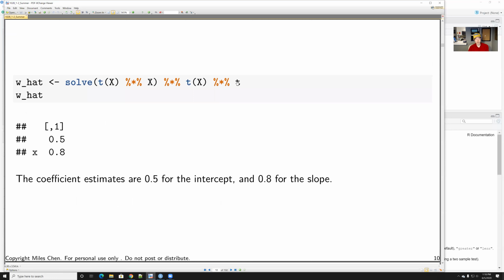So this is 2 by 2, and X transpose will be 2 by n, and then T, which is a length n vector, when it gets coerced into a matrix, becomes an n by 1 matrix.